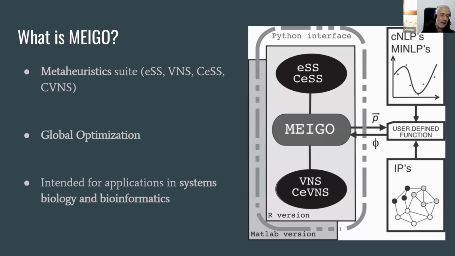Essentially, MEIGO has two metaheuristics: enhanced scatter search and a cooperative version, which is meant to be run on parallel machines, and VNS, which is variable neighborhood search, with also its parallel implementation.